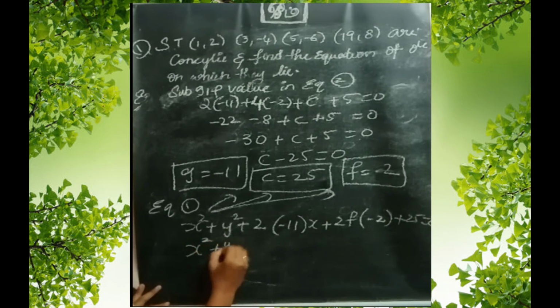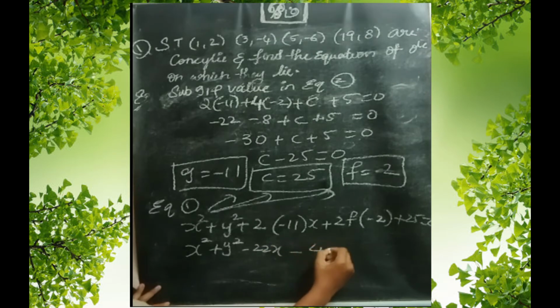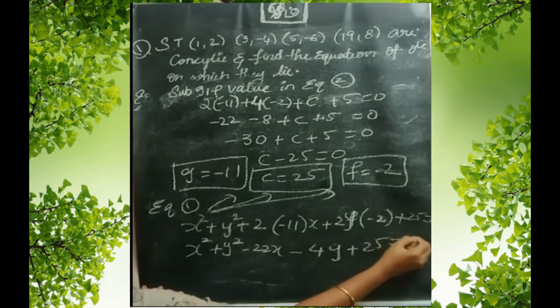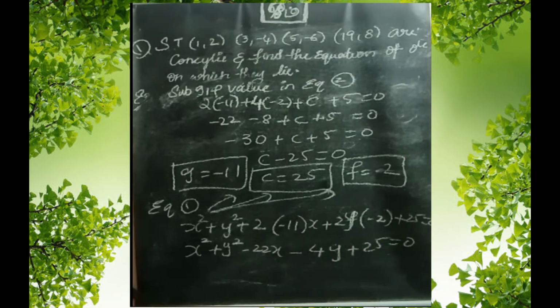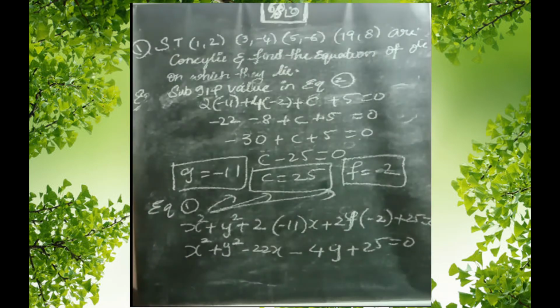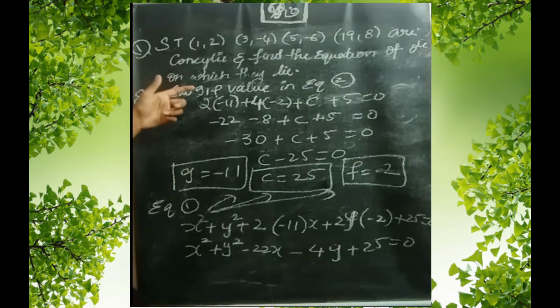X square plus y square minus 22x minus 4, sorry, here y. So 4y plus 25 equals 0. This is the equation of the circle.